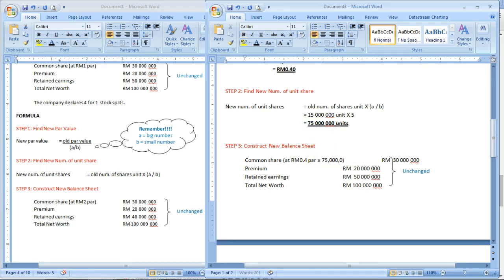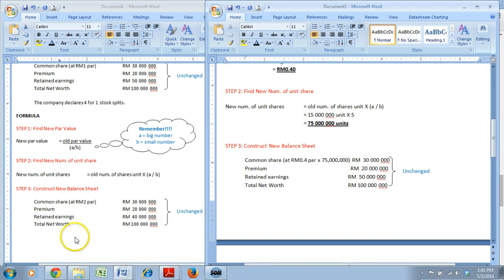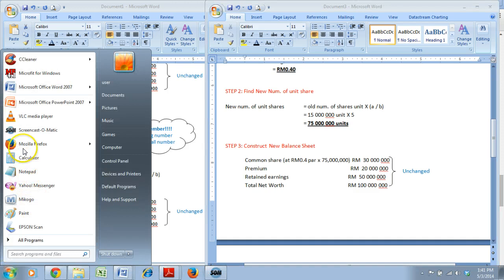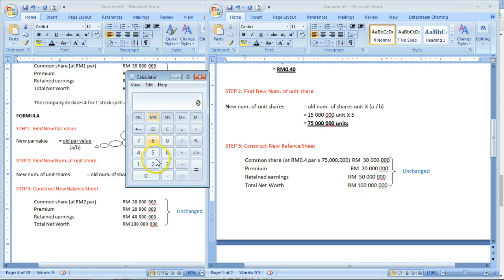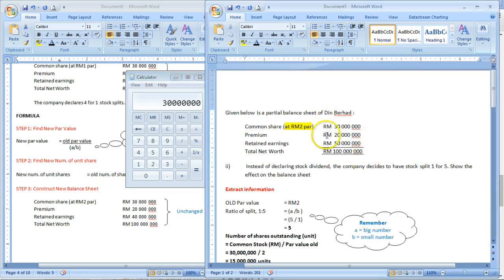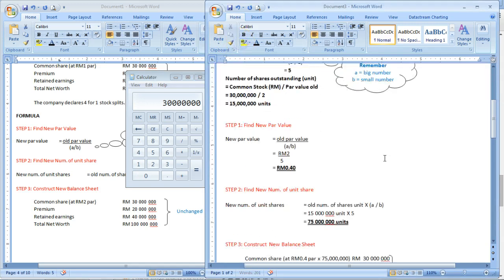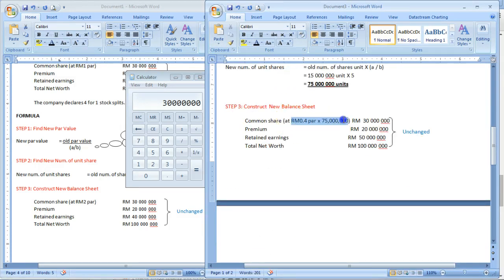Can you help me to calculate, class? So we use the calculator. 0.4 times 75 million. Do you see? You get the same amount as stated in the old balance sheet, although you are using the new figures.